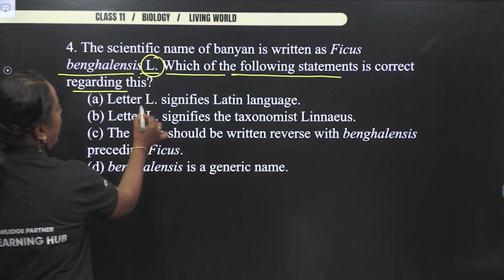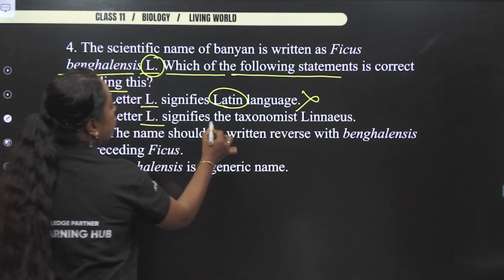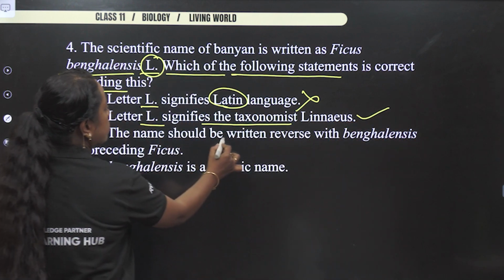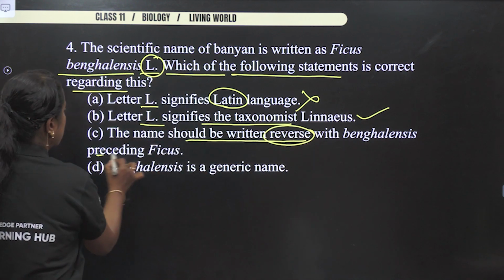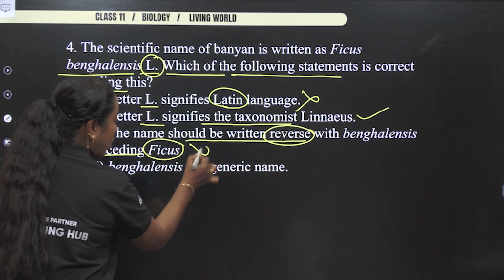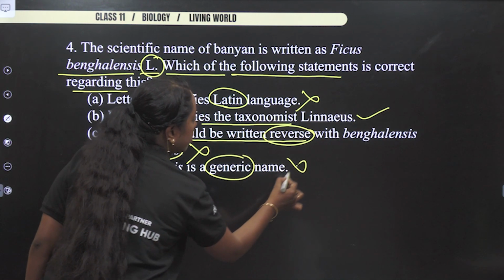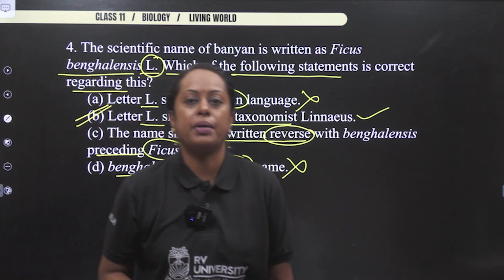So here, L signifies Latin language, wrong. L signifies the taxonomist Linnaeus, correct. Here it says it should be written in reverse manner, preceding with Ficus, so again wrong, and here it refers to the generic name, so it is wrong. So the most correct answer is option B.